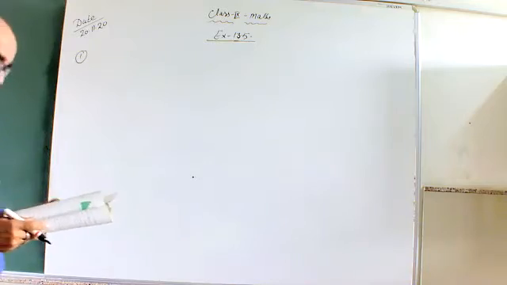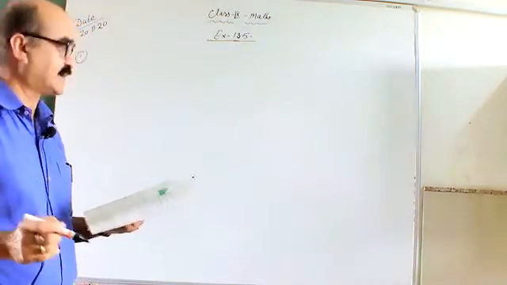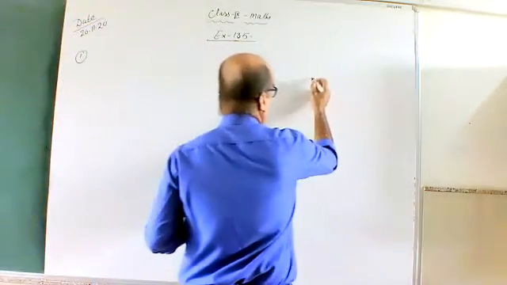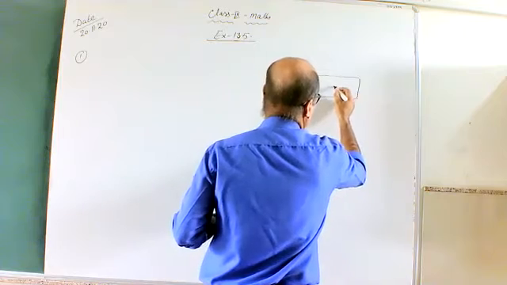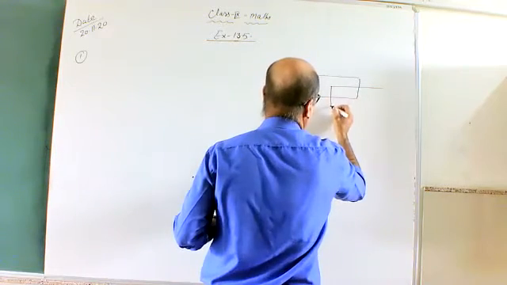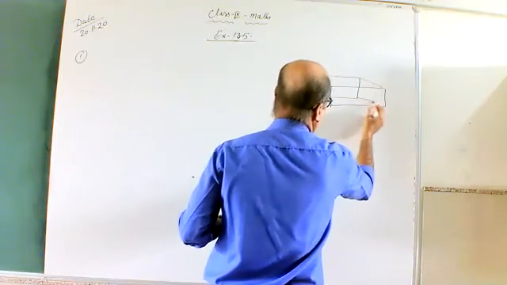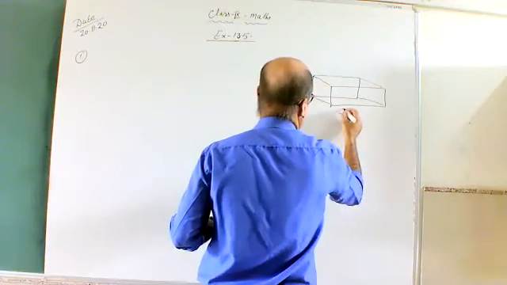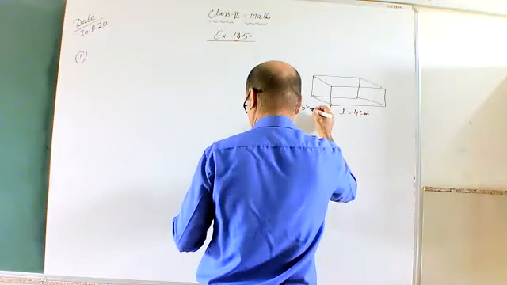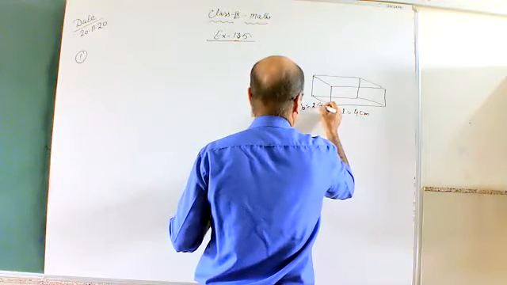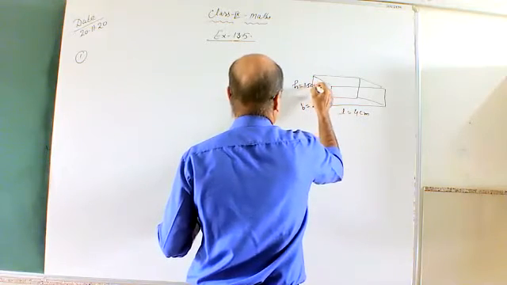a matchbox measures 4 centimeter, 2.5 centimeter, and 1.5 centimeter. The matchbox will be in the shape of a cuboid, right? The length is 4 centimeter, breadth is 2.5 centimeter, and height is 1.5 centimeter.